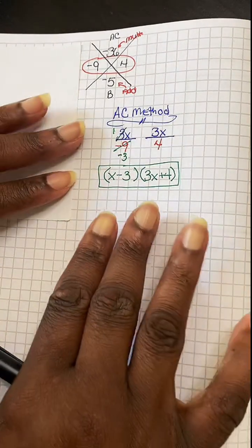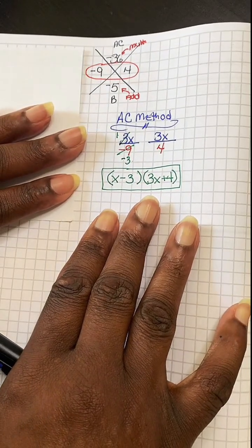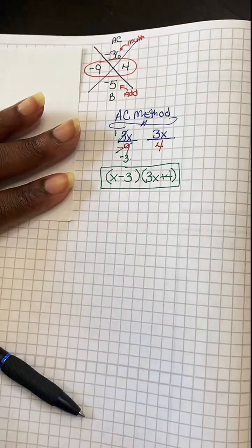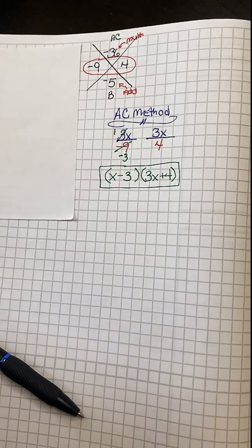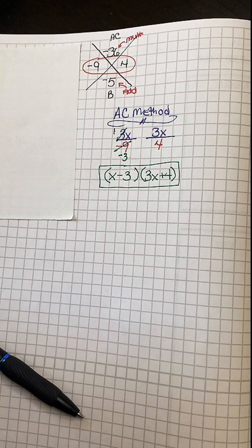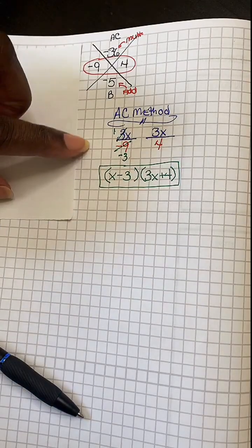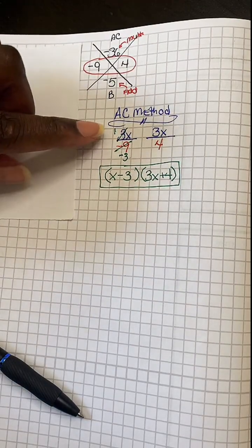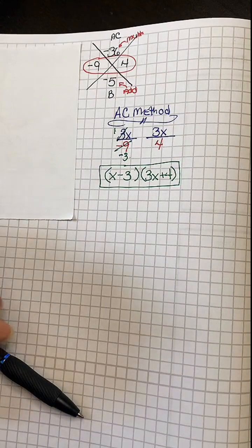And let me introduce you mostly to the world of the AC method. Now, do I want to undermine your teachers? No, I do not. But especially for those that are taking the GED, the ASVAB, the AccuPlacer, the HESI, the TEAS test, the IBEW, any type of test that's going to have algebra in it and you're going to have factoring, try to get with the AC method.